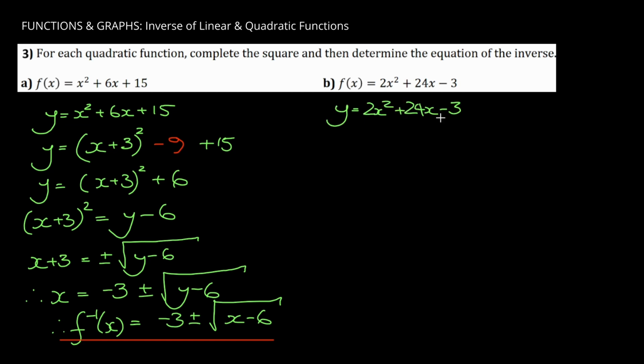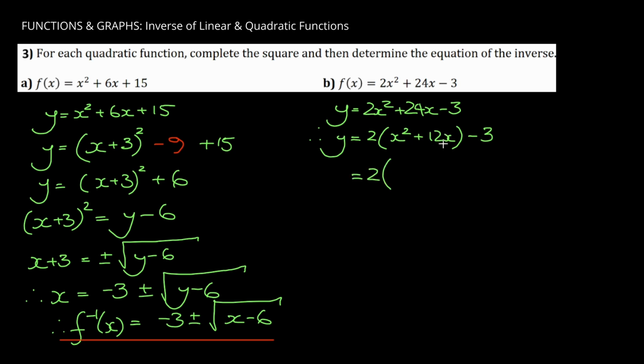Now, one of the restrictions of completing the square is that we have to have this x squared term effectively without a coefficient. So I must take a factor of 2 out of both of these terms and rewrite. Now we can complete the square of the bracket, keeping the factor of 2 outside. So we get 2.